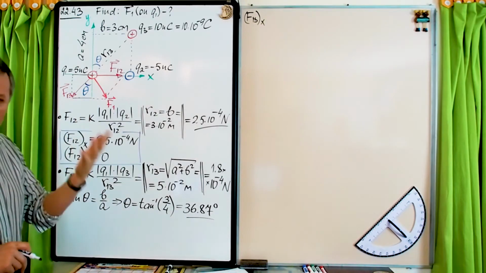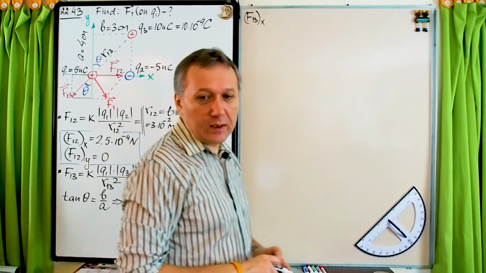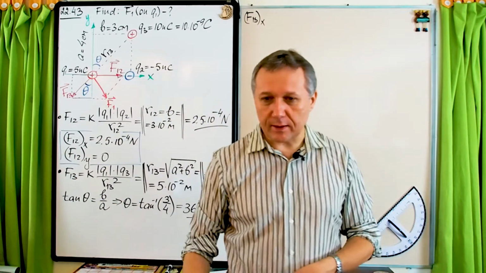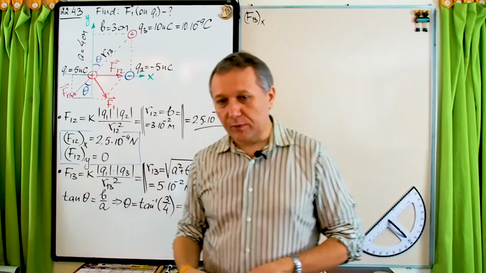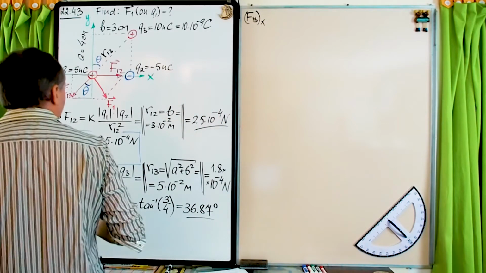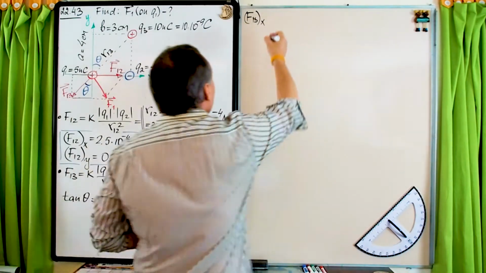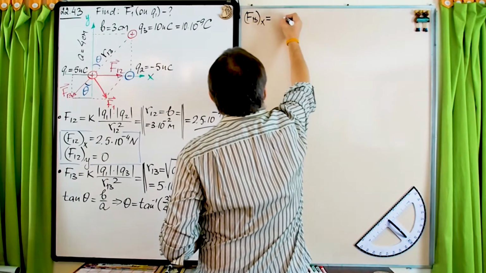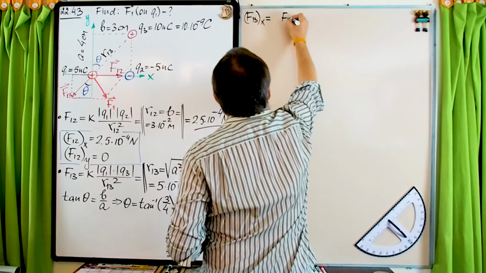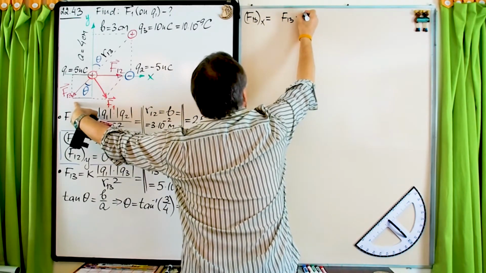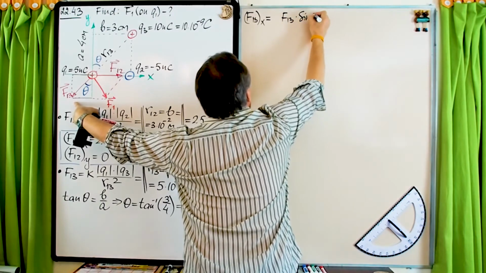So of course, in order to find the opposite side, we need to use sine function, right? Cosine function is used to find adjacent side. Opposite side can be found using sine function. So, of course, here we need to use sine function. Now let me write it. So it will be F13, it's a hypotenuse, times sine of angle theta.